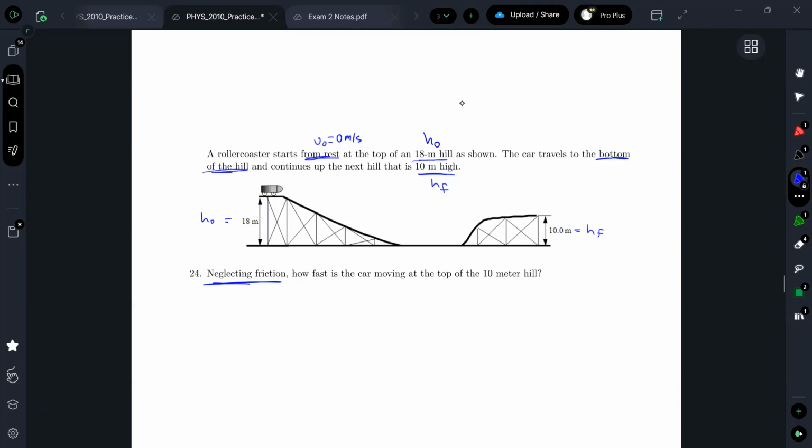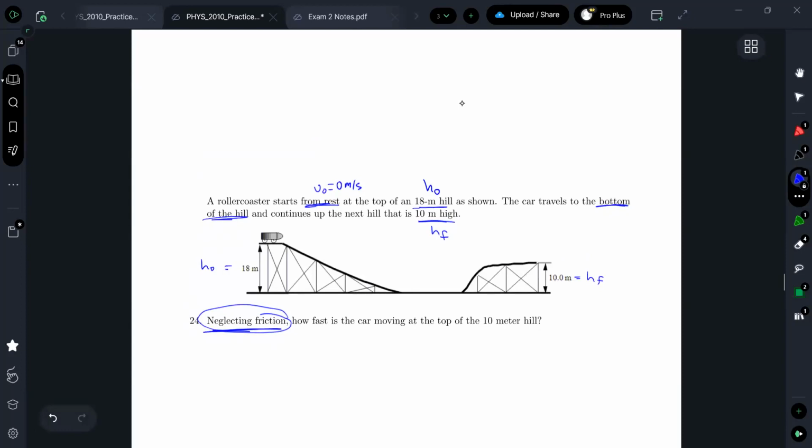And the answer is, if any non-conservative forces are doing work, it is not okay to use conservation of energy. It is not conserved for that system. But if a non-conservative force is not doing work, it is okay to use it. So the fact that it told me to neglect friction is screaming that it is okay to use conservation of energy. The main big bad non-conservative force is not doing any work here.